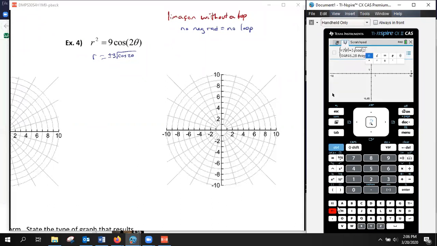Let me go ahead and get theta on here. We get what's called the lemniscate. Let's go ahead and do what we did before. Let's trace that out so we can plot its path.